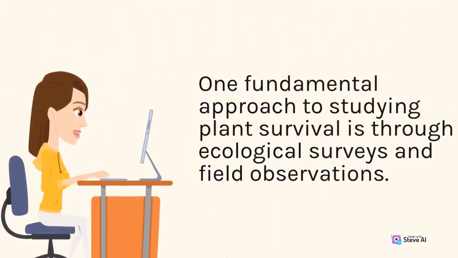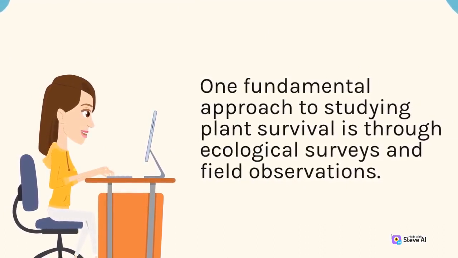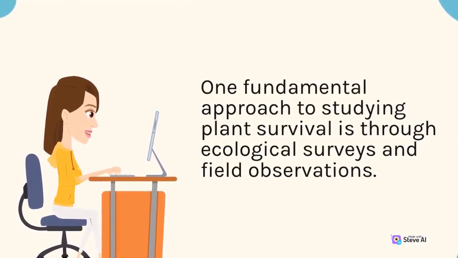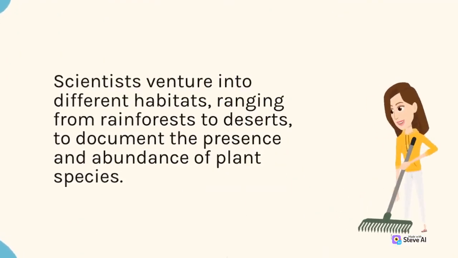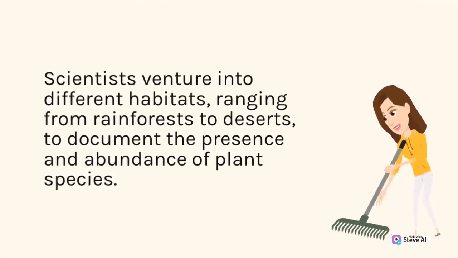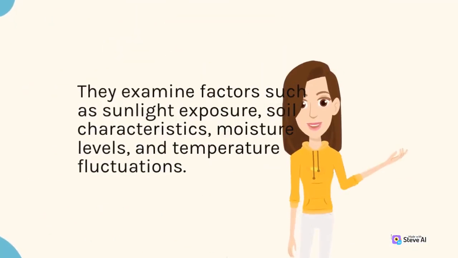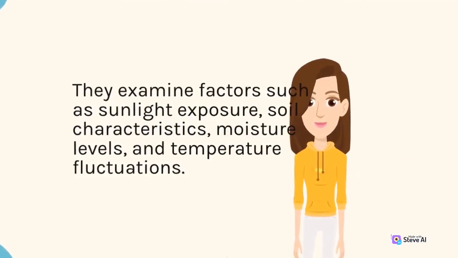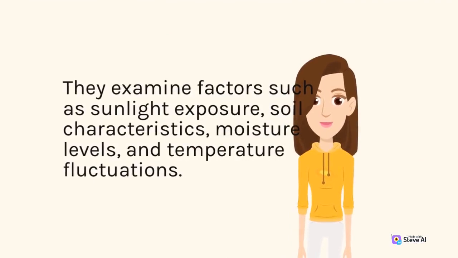One fundamental approach to studying plant survival is through ecological surveys and field observations. Scientists venture into different habitats, ranging from rainforests to deserts, to document the presence and abundance of plant species. They examine factors such as sunlight exposure, soil characteristics, moisture levels, and temperature fluctuations.